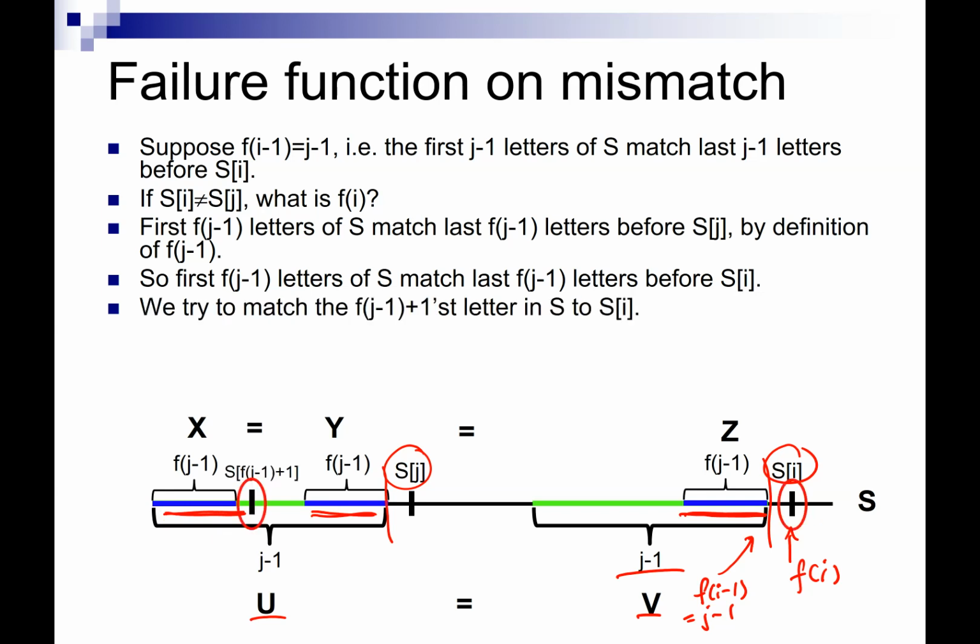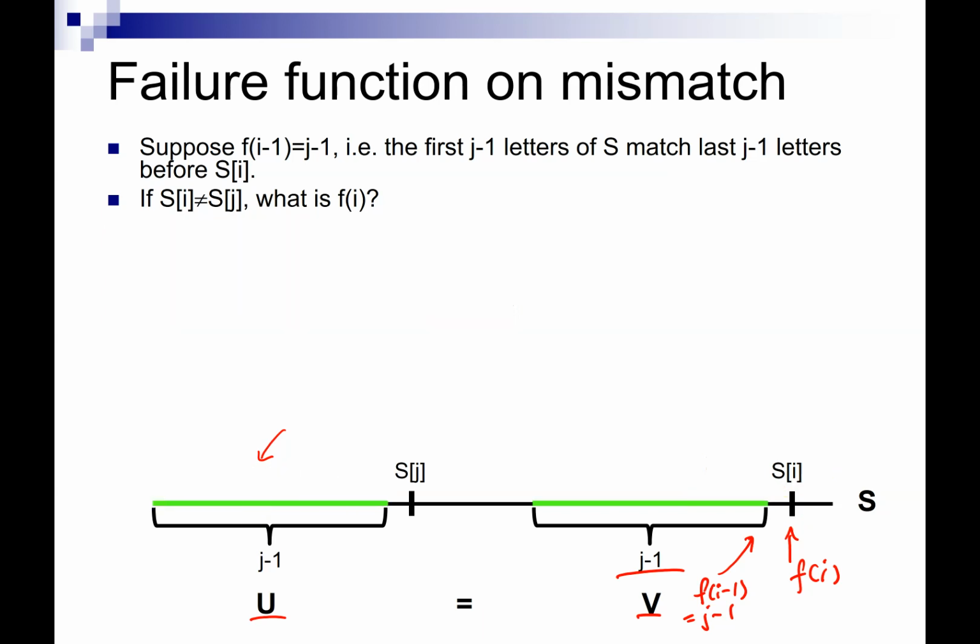So then this tells us what f of i should be. Now we can try to match, let's erase all this stuff, this letter, this f of j minus 1 plus 1 letter of s, to s of i.